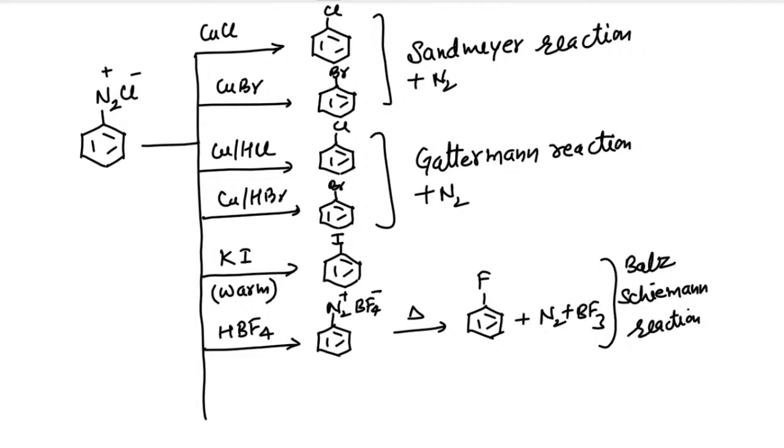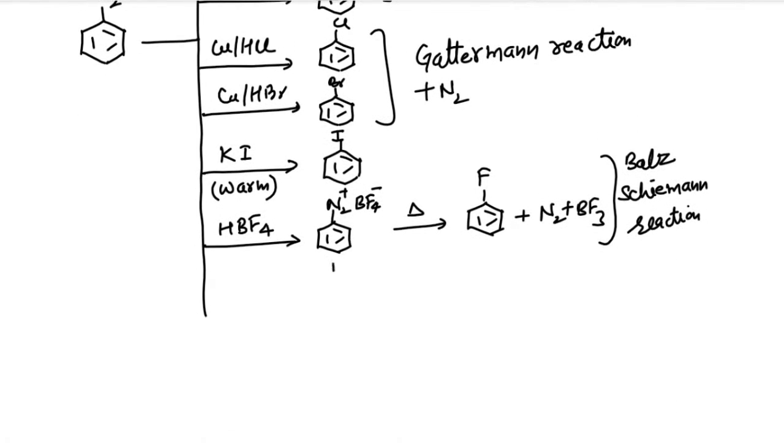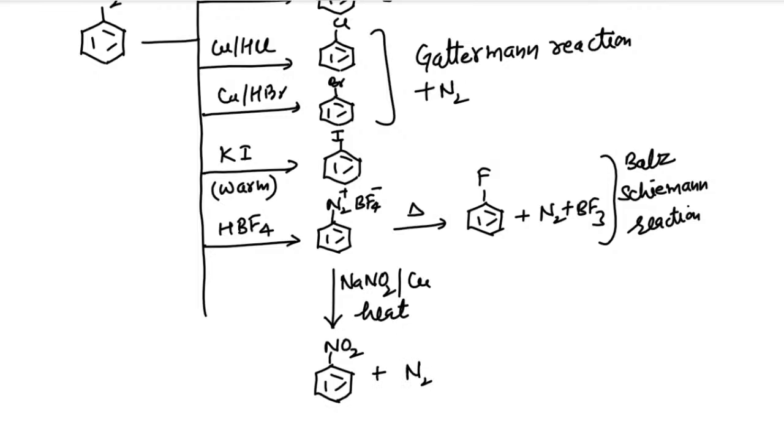Okay, now same tetrafluoroborate, if rather than heating, it is treated with sodium nitrite in the presence of copper, we add sodium nitrite and copper powder and heat, then we get nitrobenzene, along with N2 and sodium tetrafluoroborate.